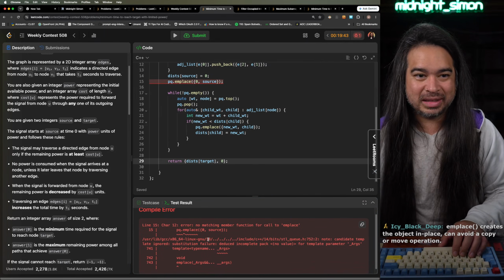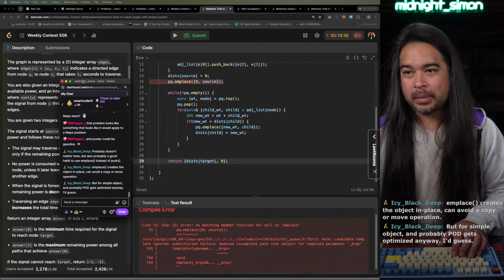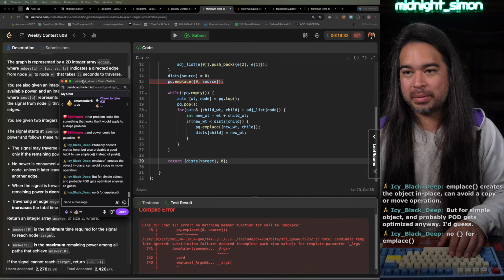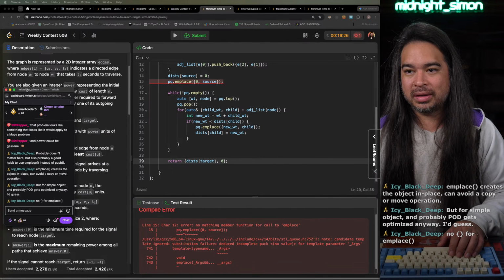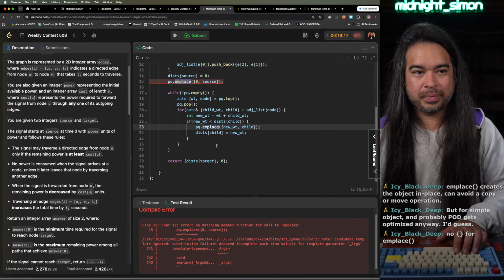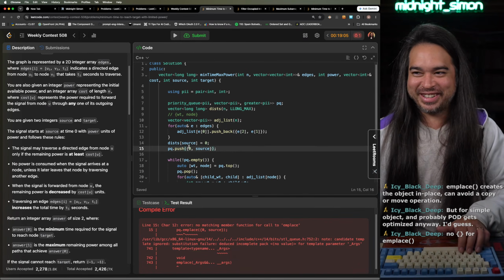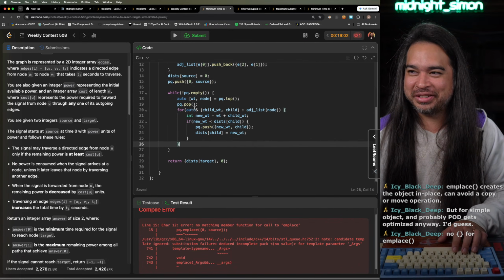Emplace creates the object in place and can avoid a copy or move operation, but for simple objects, POD gets optimized anyway. Same arguments as constructor. I'm gonna just use push for now, man. I don't know how to make it work.